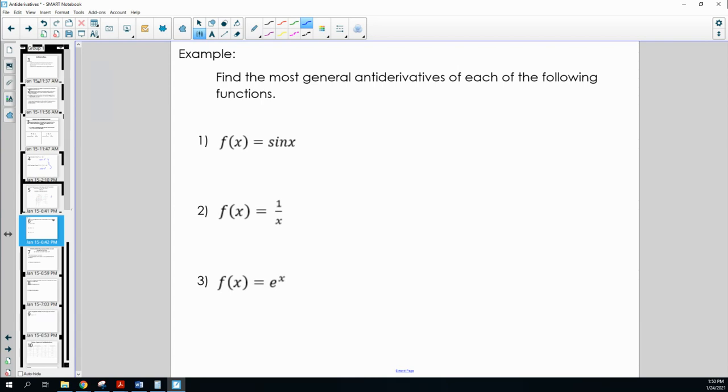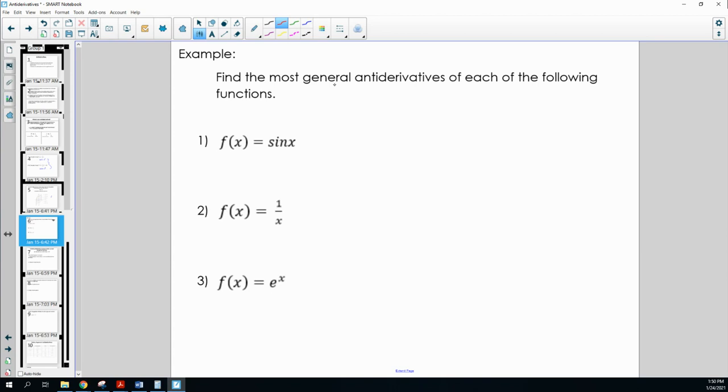So let's find the most general antiderivatives of each of the following functions. When you're finding antiderivatives, it takes a little bit of practice, but you just have to think a little bit backwards. If we have f of x equals sine of x, these are our derivatives, and we're trying to find the general antiderivative.